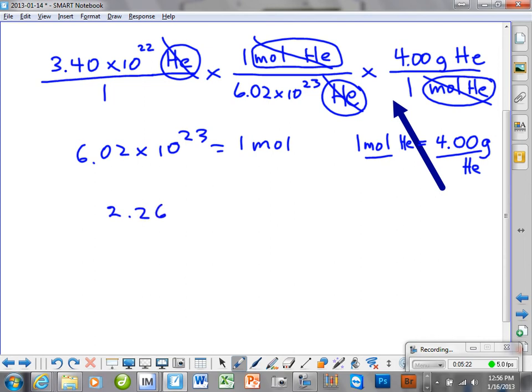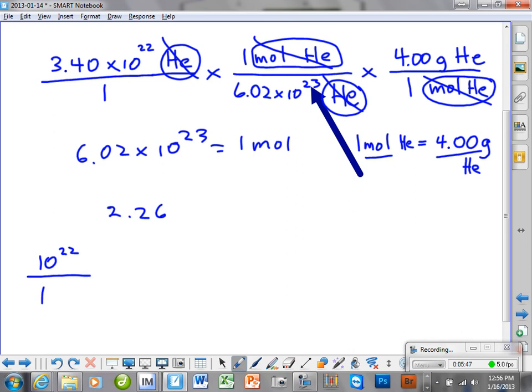2.26, and this is going to have the power of 10 stuff with it too. So let's do that part. We have 10 to the 22, and that number comes from right here in our calculation. And on the bottom of one of the fractions, we have the 10 to the 23rd.